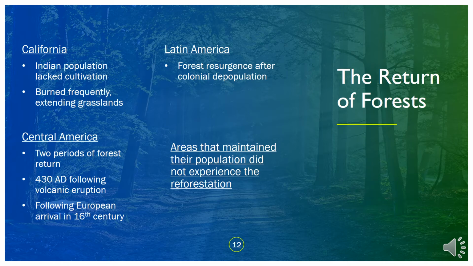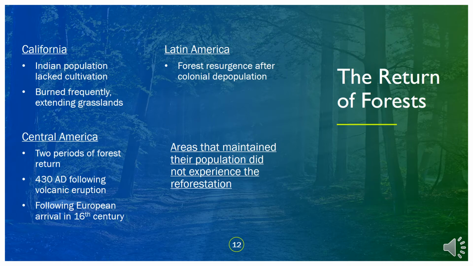In Latin America, there was lowland forest resurgence following early colonial depopulation, documented for Panama and Western Colombia. And soon after this depopulation, much of the savannas in Panama reverted to forests. There was actually a recent pollen study for Central America, specifically coastal El Salvador, which was the most densely populated and deforested sector of Central America in 1492, as well as today.